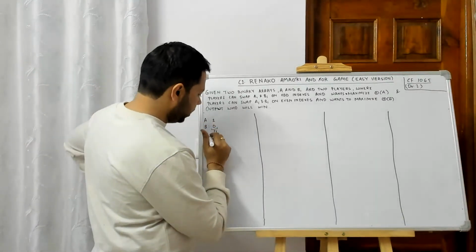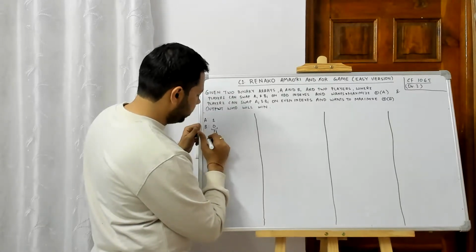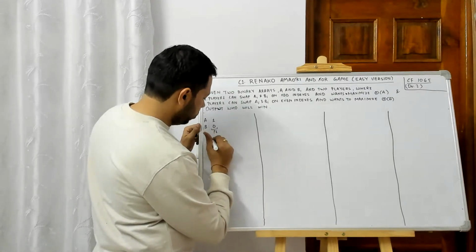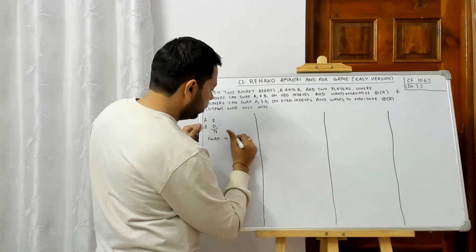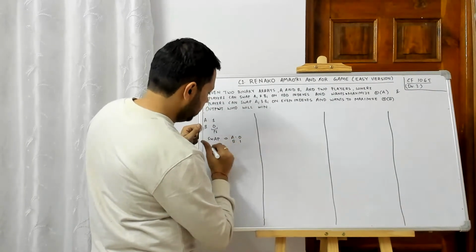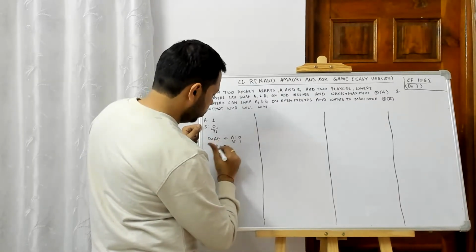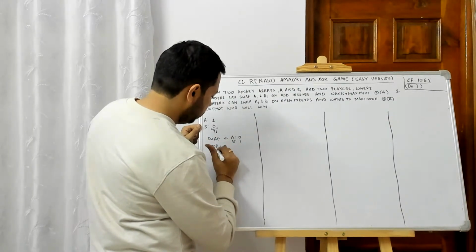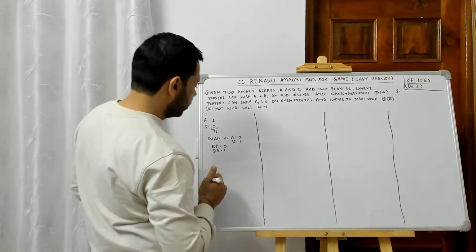If player 1 decides to swap, then A will become 0, B will become 1, and XOR of A will be 0, XOR of B will be 1. So ideally they will not decide to swap.